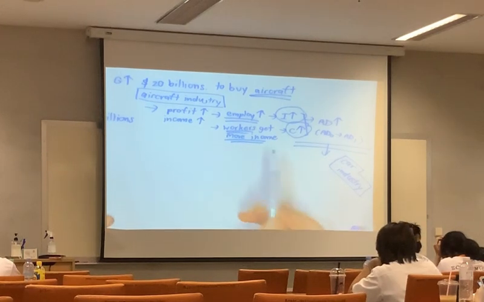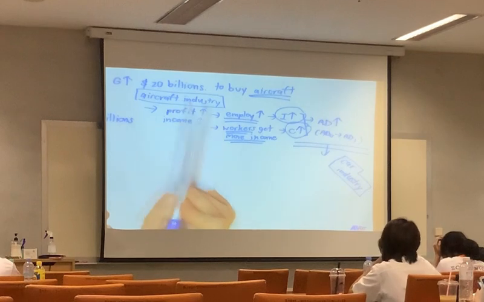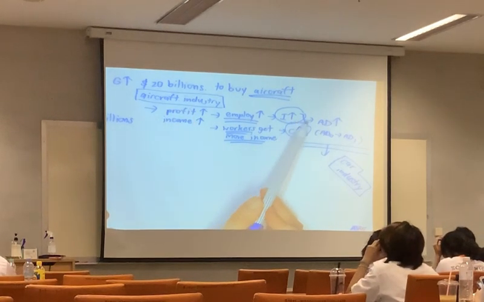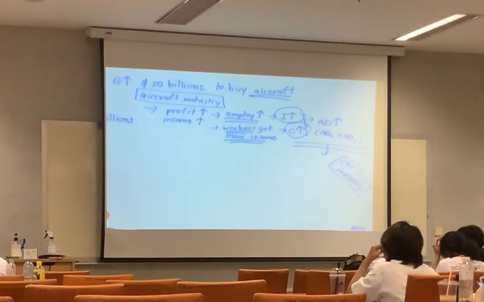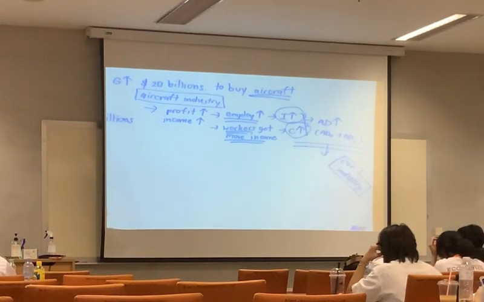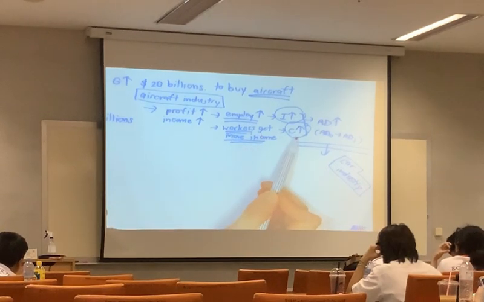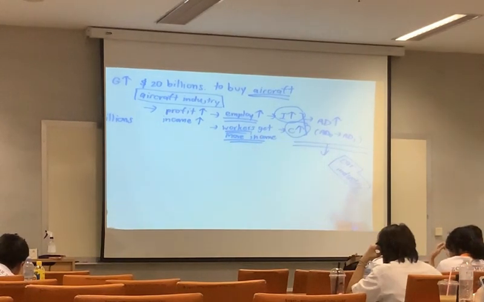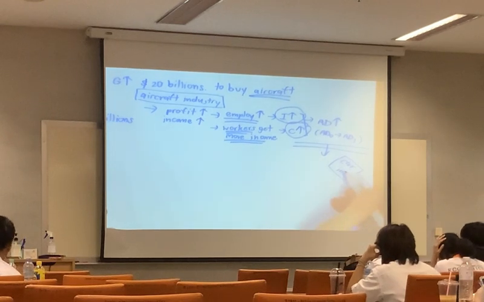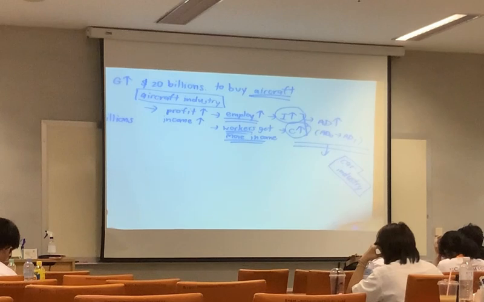But anyway, it can be explained both ways: whether the aircraft industry has more money and buys more things, for example, they would like to invest and buy cars to transport in their industry, or the worker gets more income and buys a car or just consumes more.